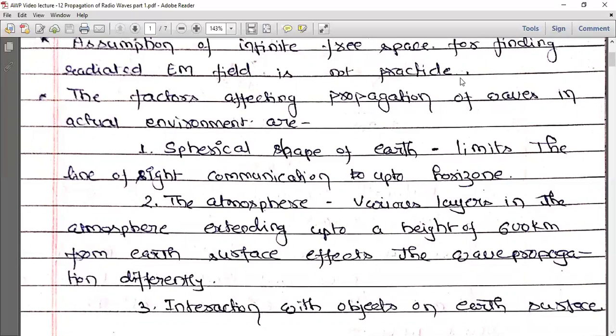Parameters like conductivity and density can vary with location, even across a particular layer. So the atmosphere is also a very important factor which affects wave propagation, and it makes the analysis difficult. The third thing is interaction with objects on Earth's surface.